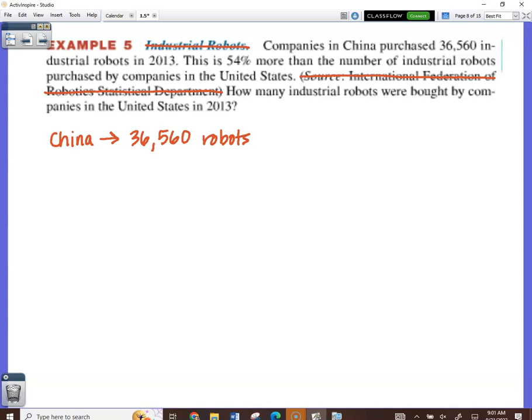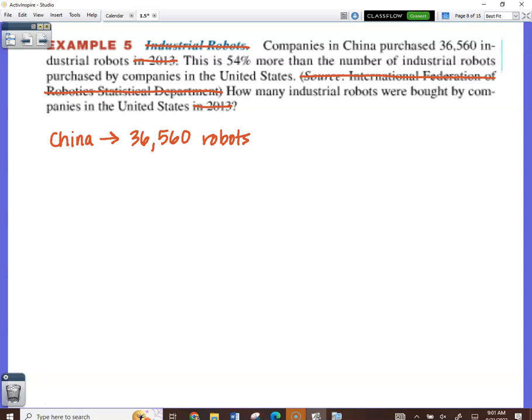Does the year matter? No. Why not? Go to the question. The question is saying how many were bought in 2013, like by the U.S. So does the year matter at all? No. So that's a number that we don't need. So that's why I'm staying with China just has 36,000 robots.